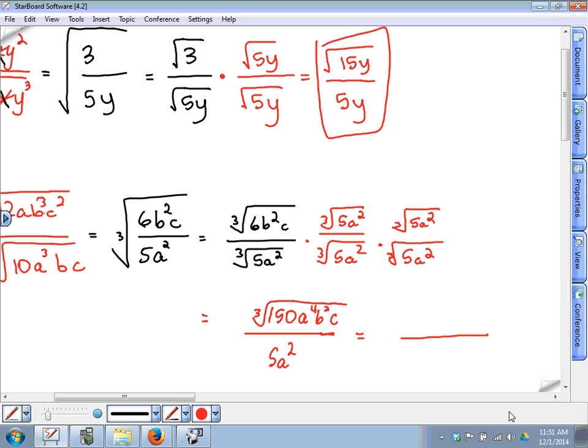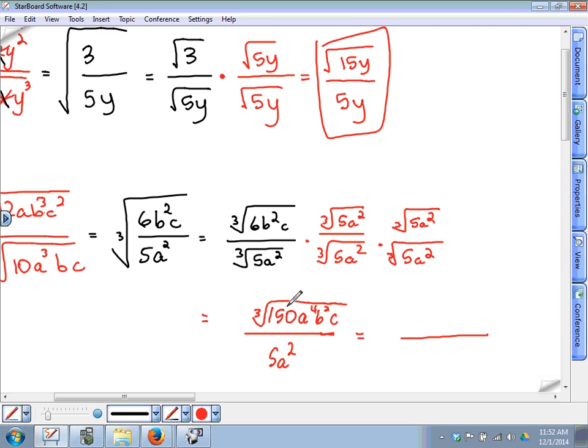Now you've got to run through in your head for a second here. 150. It's not a perfect cube by itself, but you got to think if anything multiplies to 150 that's a perfect cube. There's 8, there's 27, there's 64, there's 125. Any of those multiply to 150.